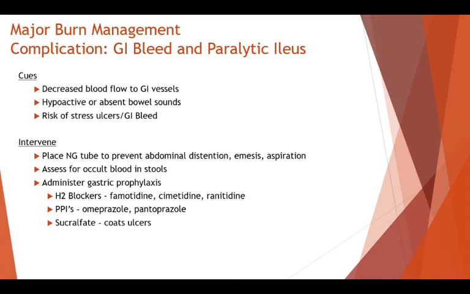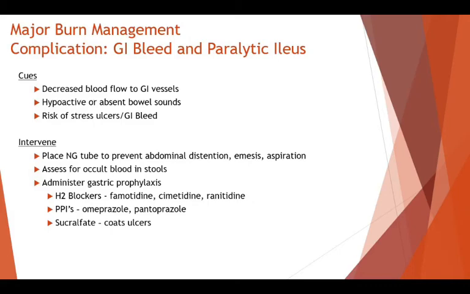So unless they have a paralytic ileus where they're not moving at all, we will go ahead and do feedings, either orally or supplemental with an NG tube. Looking for GI bleeds, looking for stress ulcers, do stress ulcer prophylaxis with H2 blockers or proton pump inhibitors. Sucralfate's kind of a last ditch.